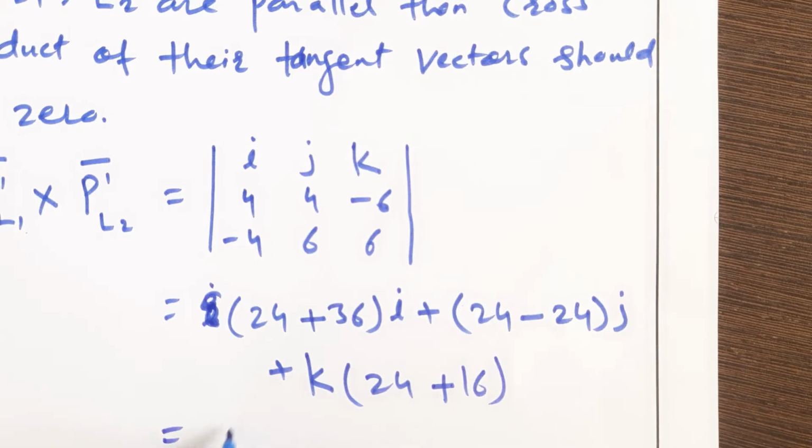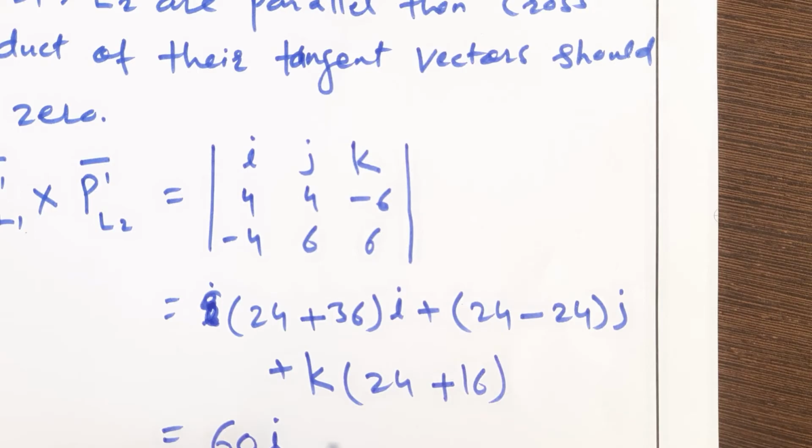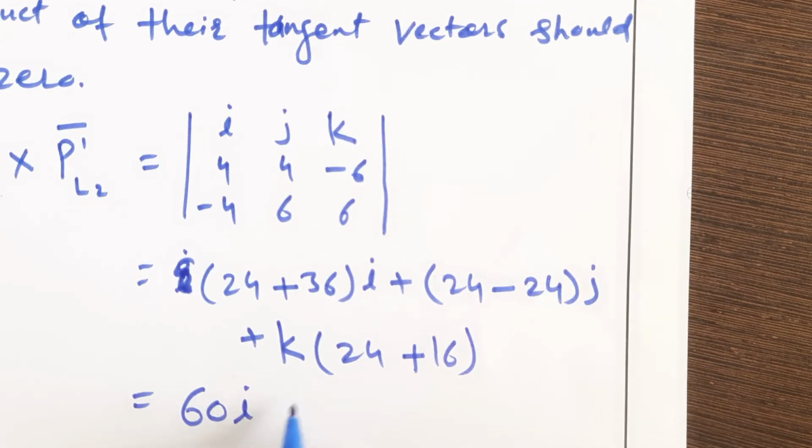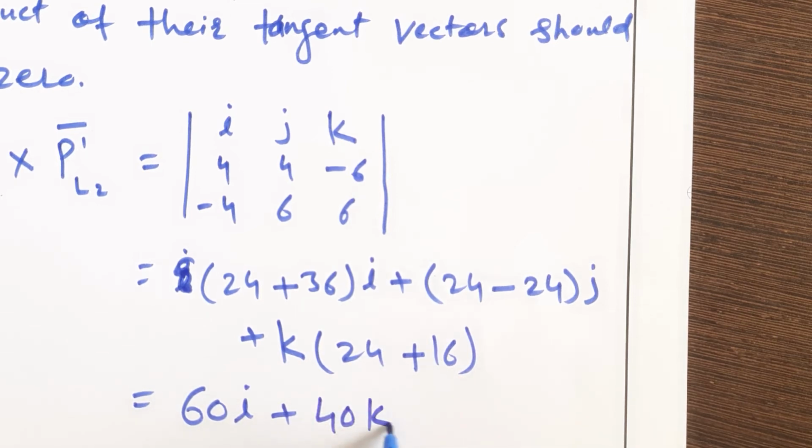If you solve it, you will get 60 i, the 24 minus 24 will cancel, plus 40 k.